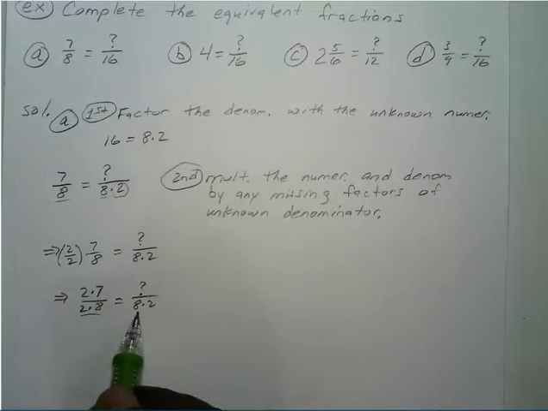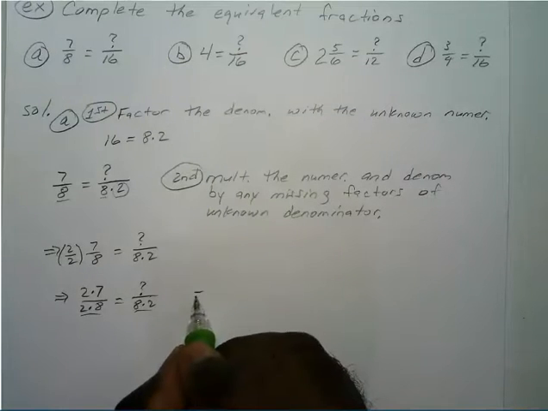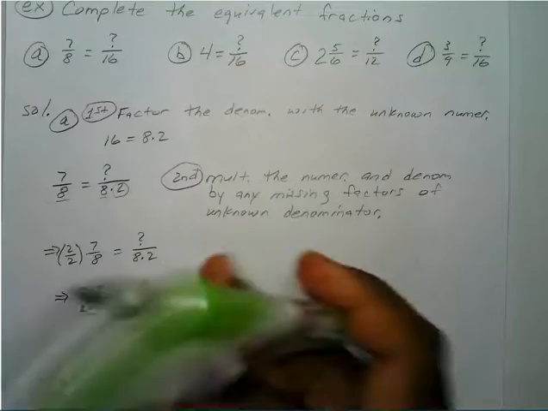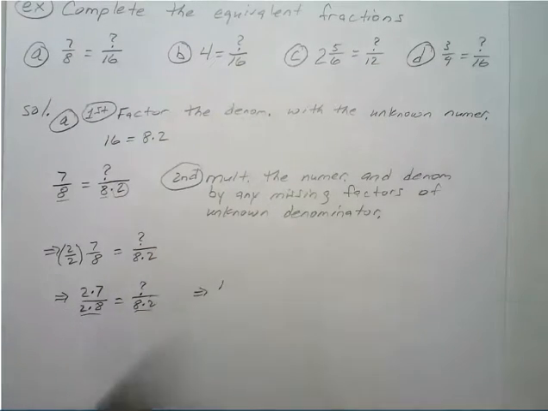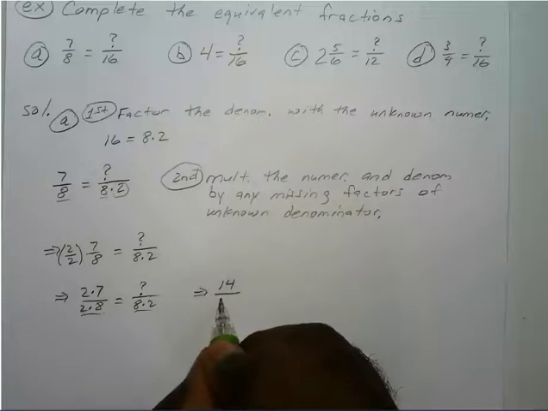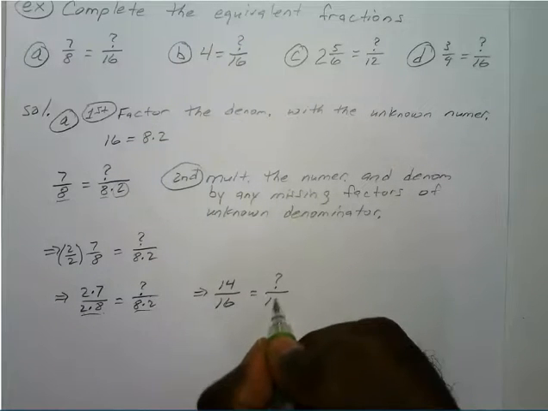So now our denominators match. So you have 2 times 7, which is 14. Oh, sorry about that. I'm jumping ahead in my mind. Over 2 times 8, which is 16. Just some unknown over 16.